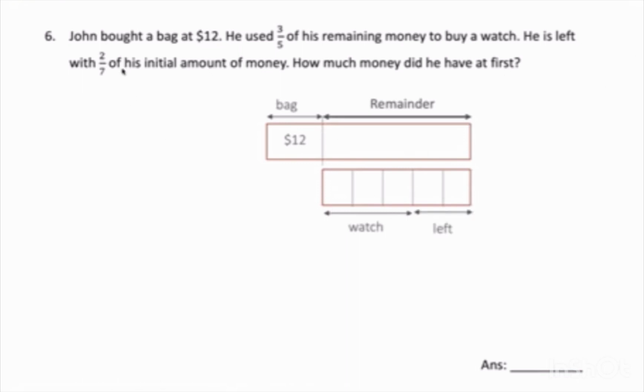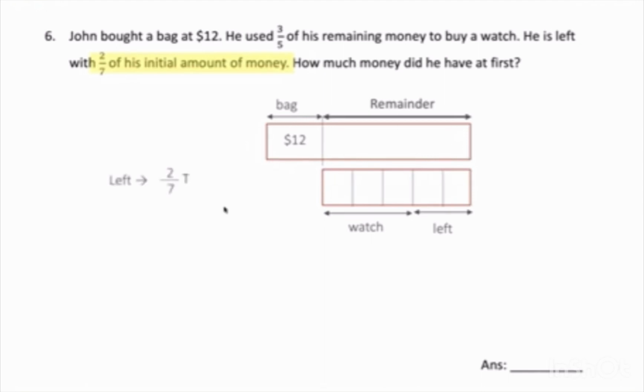Now, this is an interesting part. He is left with 2/7 of his initial amount of money. So what does it mean? It means that in the end, there's 2 units and the total is 7 units. So from this model, you can see the 2 units are here. I can use this as the 2 units, and then the total here is 7 units.